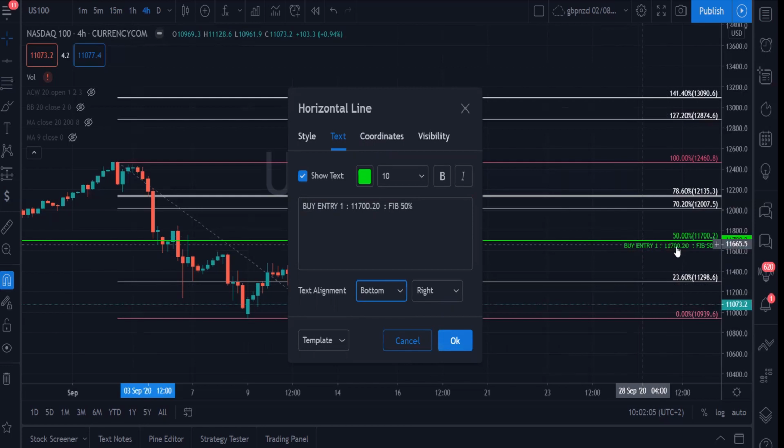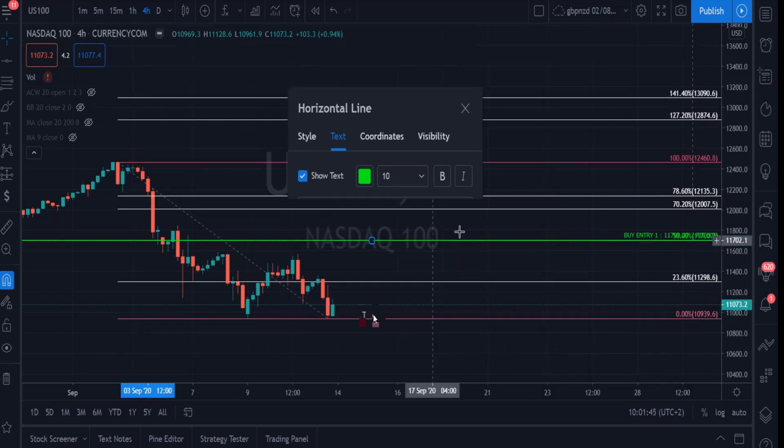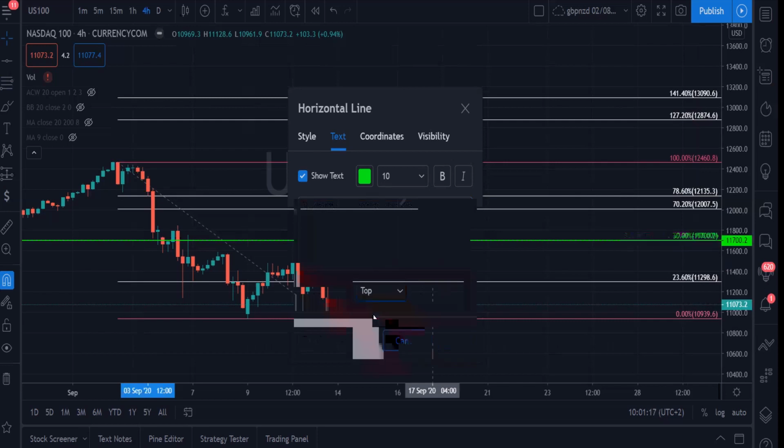Buy entry. I'll make it go to the top again. So you watch this writing goes to the top, okay? Did you see that? Yes. Right, so I'm going to move it back to the bottom so we can read what's there instead of it being typed over the previous figure.